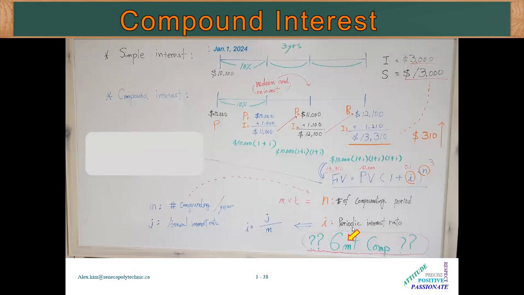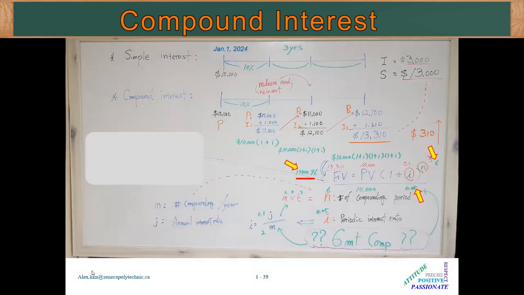If I apply that, what if 6-month compounding? Then what's going to happen from here? n should be 6 and i should be 0.05, like this one. You see that?